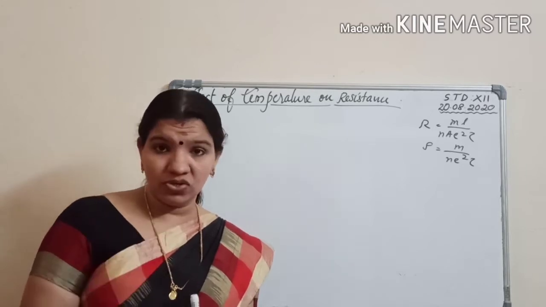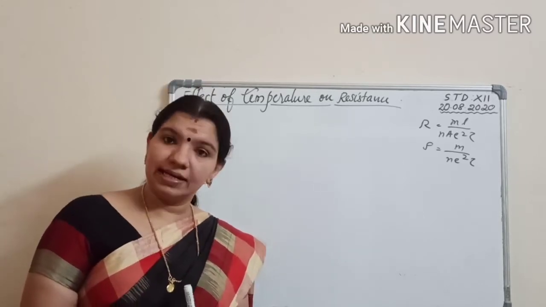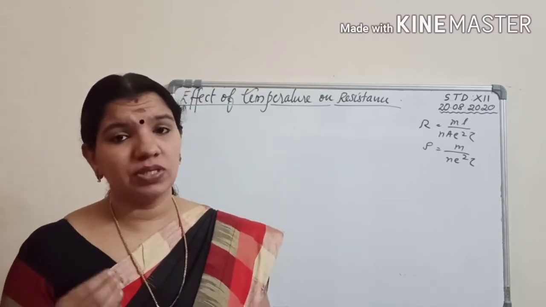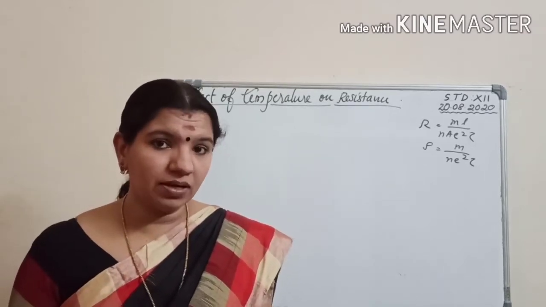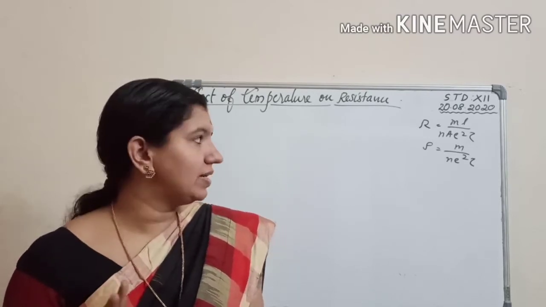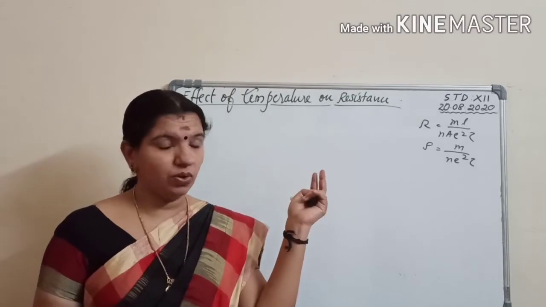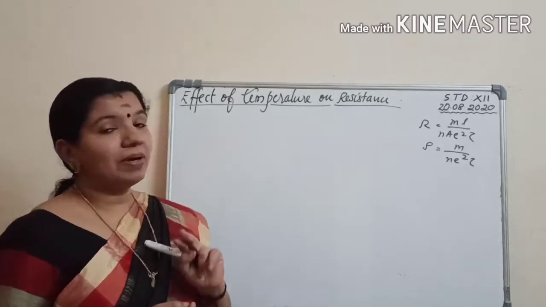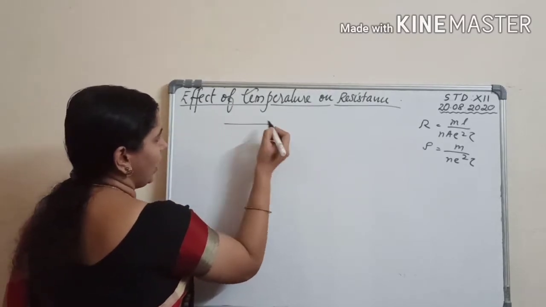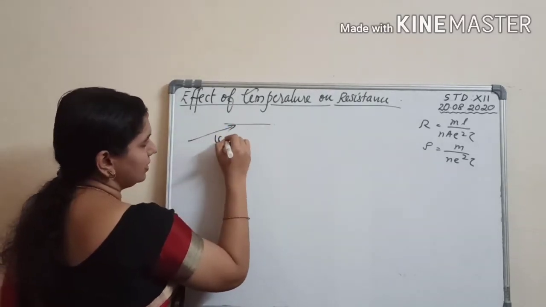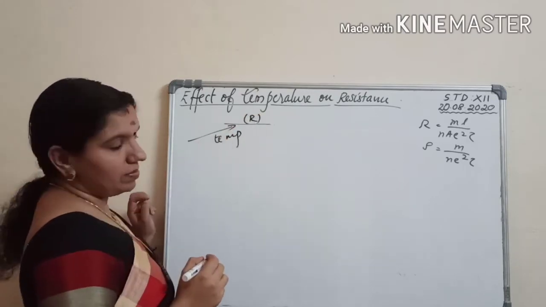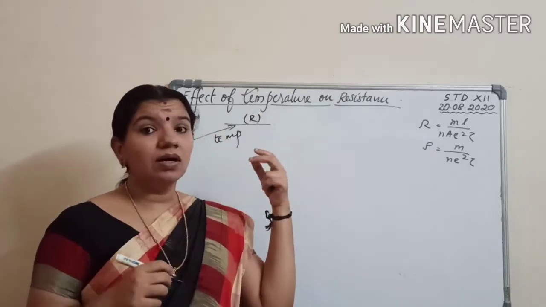So when temperature increases or when temperature decreases, what will happen to resistance? In the last class we said a few points with respect to the relaxation time and drift velocity. I think you remember it. Anyway, once again I will tell, from this equation we can explain. If the temperature is increased for a particular resistance wire, then what will happen?